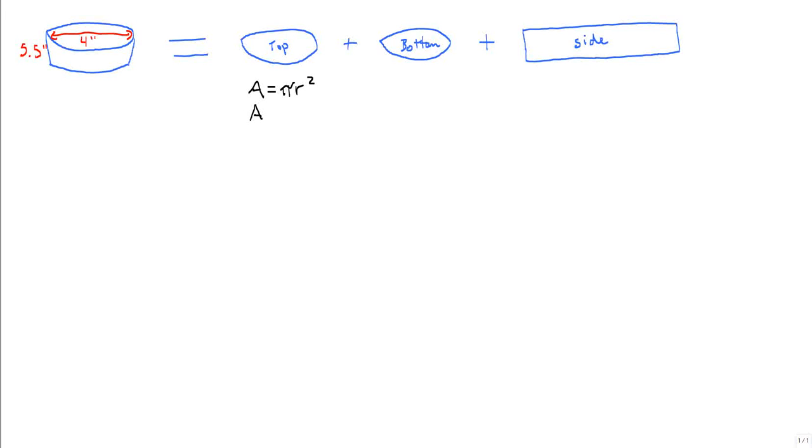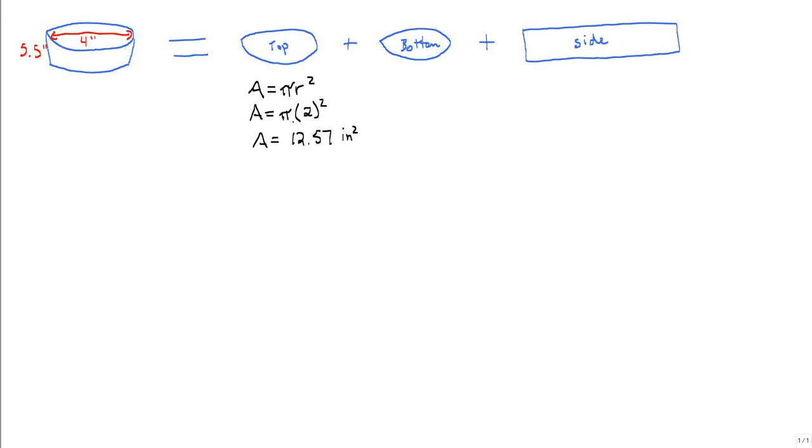So area equals pi. Now it asks for a radius, and we are given the diameter, which is 4 inches, and we know that the radius is half of a diameter, so half of 4 is 2 squared. So we have an area of 12.57 square inches.